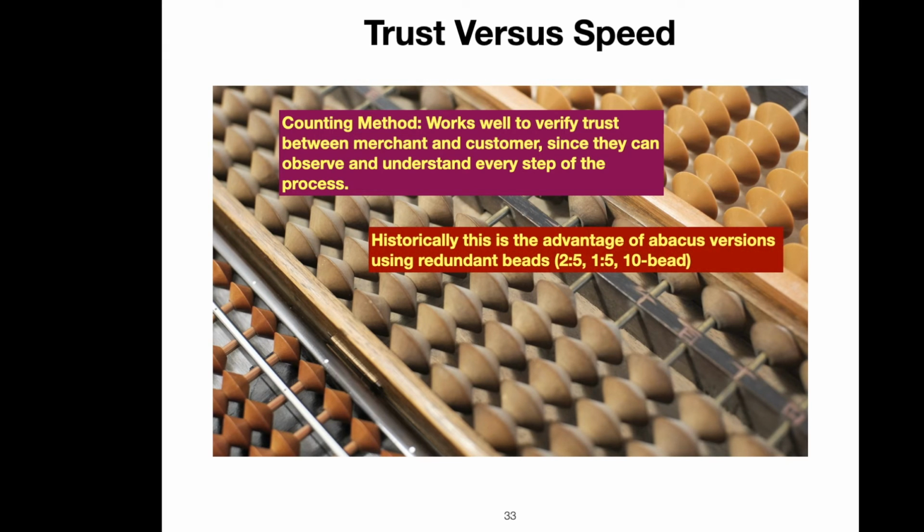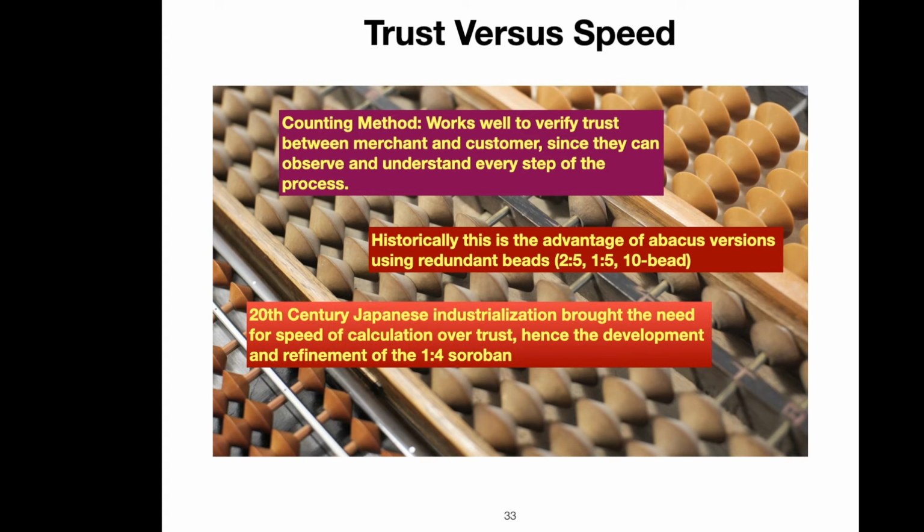And so for this reason, the older versions of the abacus that have redundant beads, like the 2-5 and the 1-5 and the Central Asian 10-bead abacus, historically these have been used more often with the counting method. Whereas the 20th century Japanese industrialization phase brought the need in Japan for speed of calculation, it being more important than social trust.